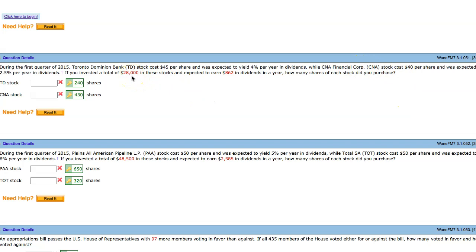That'll be your first equation. Your second equation, you'll do the rates: TD is 4%, so that's 0.04x plus 0.025y equals 862. And you'll solve it from there.